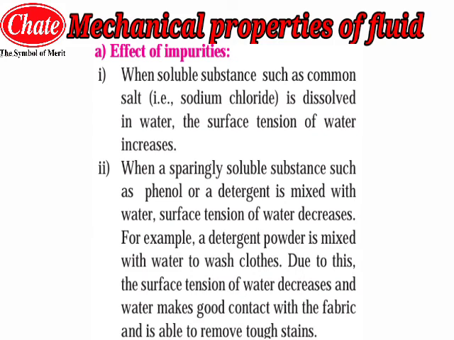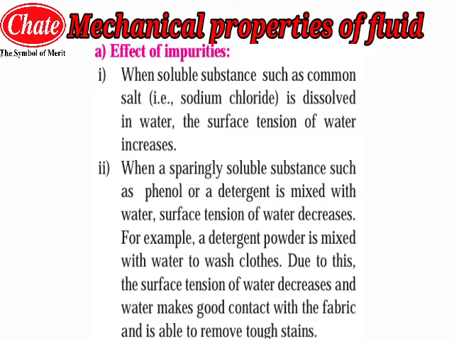Now we will see the effect of impurities. Impurities means whatever dust particles may be present inside that liquid, and how they affect the angle of contact, whether it increases or decreases. So we will see now. The first one is when a soluble substance such as common salt, sodium chloride, is dissolved in water, the surface tension of the water increases.